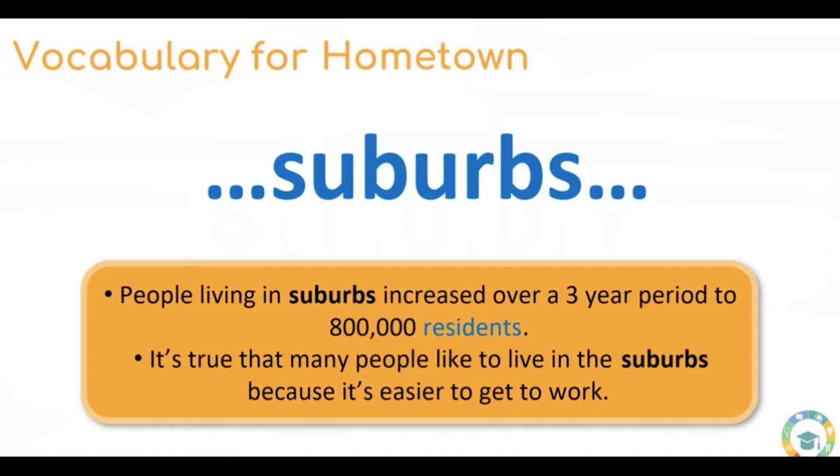For example, the residents of London are usually very busy. Okay, and the next example. It's true that many people like to live in the suburbs because it's easier to get to work. So there we have suburbs, an area located just outside the city centre.